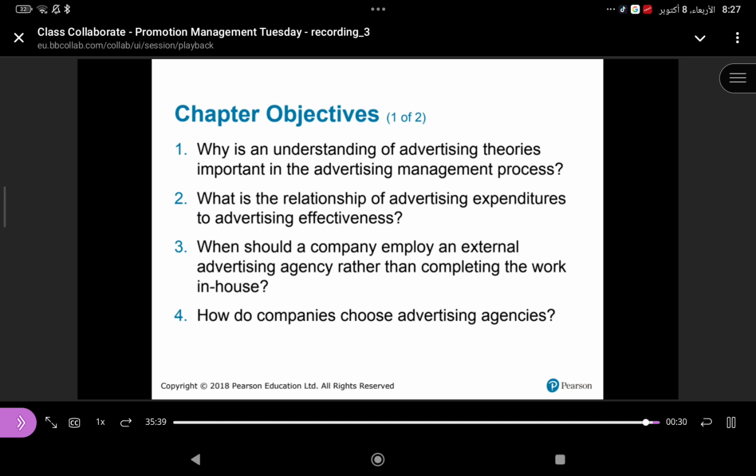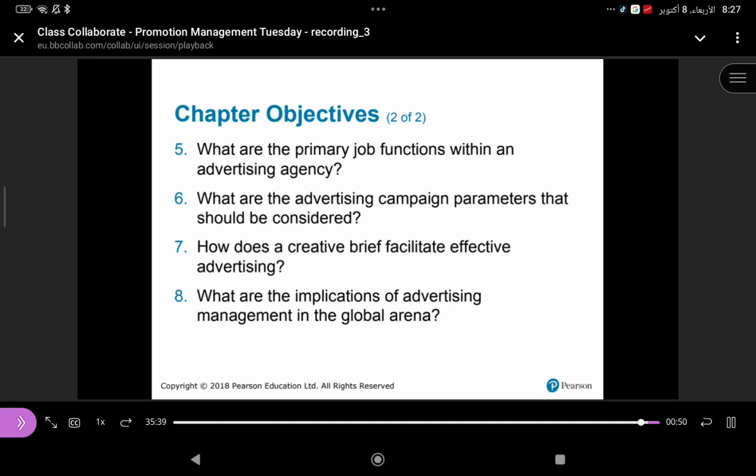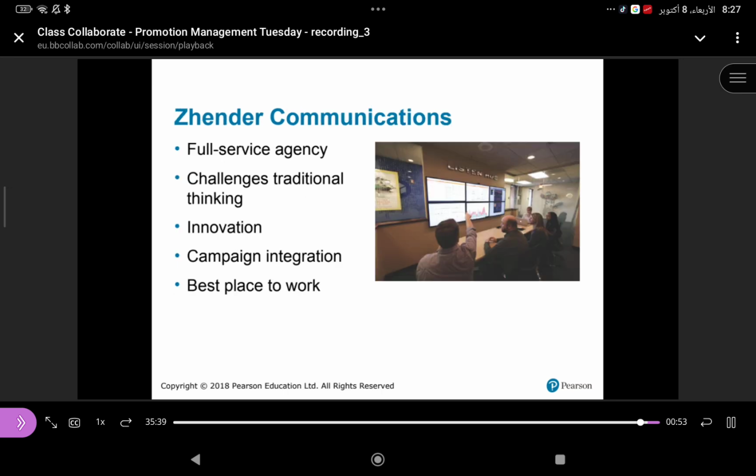In this promotion management, we have seen how the different sections of promotions are directly related to each other and how they complement each other in order to make the combined effect of integrated marketing communication.